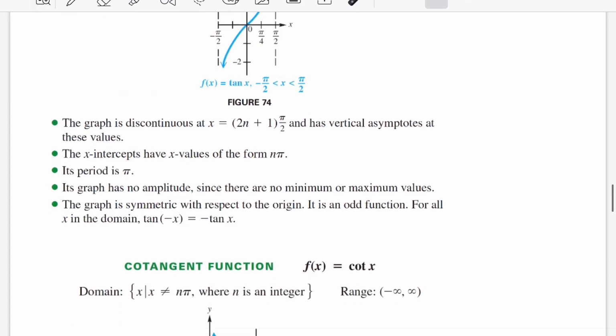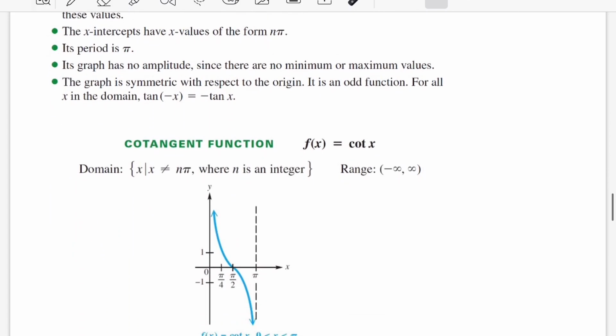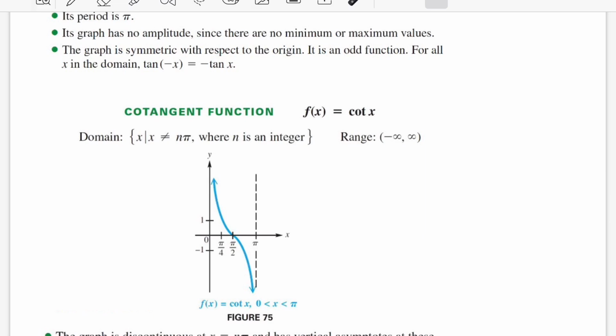Now on the other hand, we have cotangent here. In this case, the graph is going to be discontinuous at multiples of pi because cotangent is going to be 1 over tangent. So this is going to be cosine theta over sine theta. So in this case, this function will be discontinuous when sine is equal to 0 because we can't divide by 0.